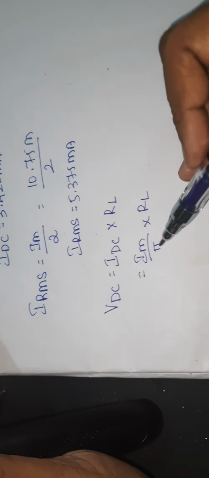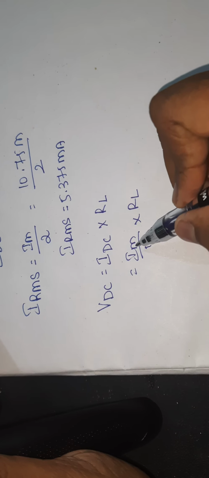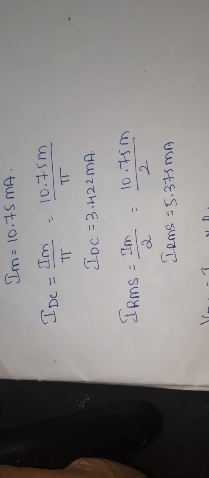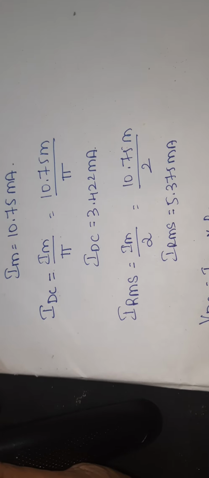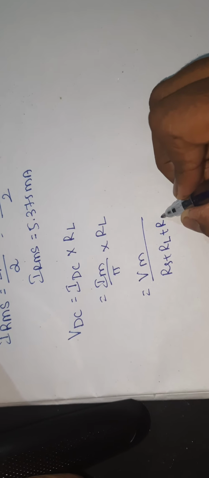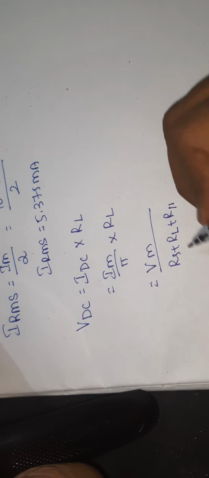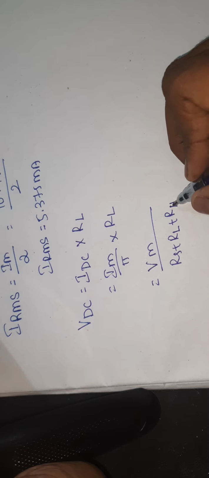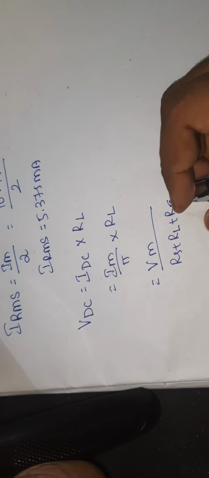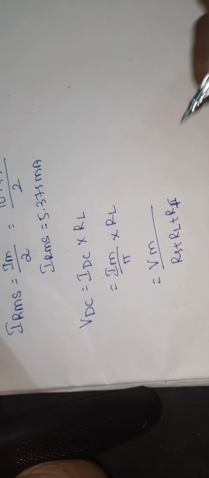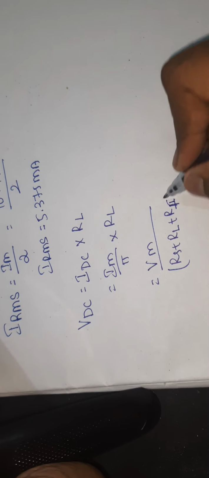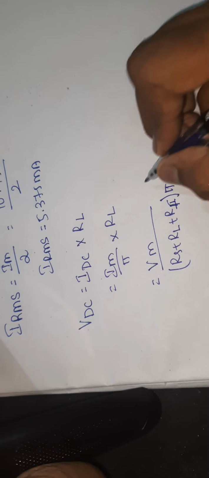From where did I get this? IDC is nothing but Im by pi. Substitute that. Now you put the Im value if you have. If Im also I don't have, then what formula can I use? I can use this one: Vm divided by RS plus RF plus RF into pi into RL.